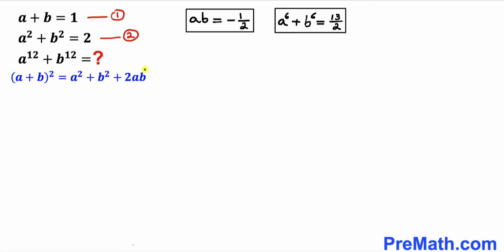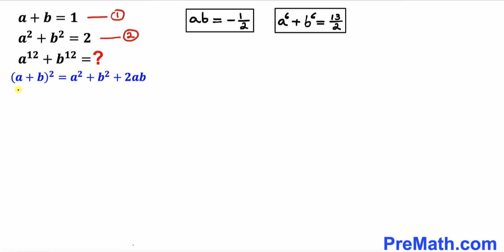And now let's recall this famous identity a plus b whole square once again. And this time I am going to substitute this a by a power 6, likewise b by b power 6 across the board.